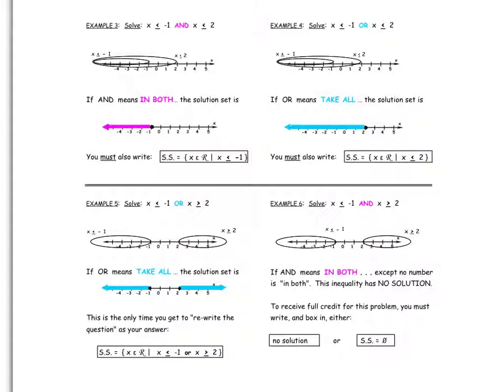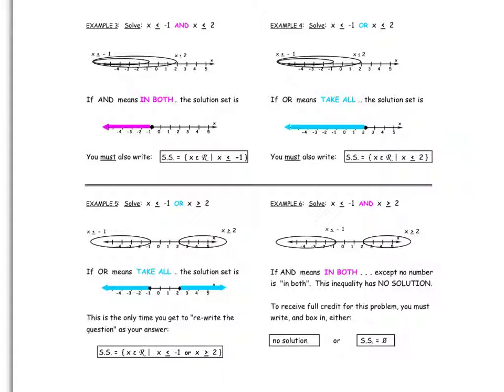In example 4, the word "or" means take all. So now we'll take the bigger one or the smaller one. If our choice is between a bigger one and a smaller one, and we're told to take all, then I'm going to take the most I can, which is all the real numbers less than or equal to 2.